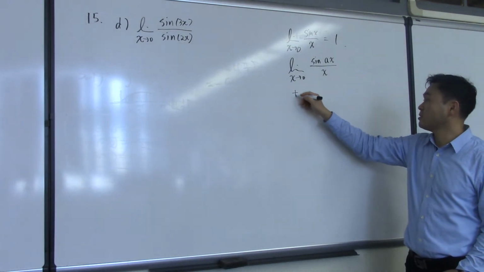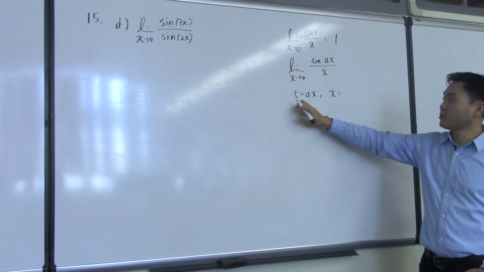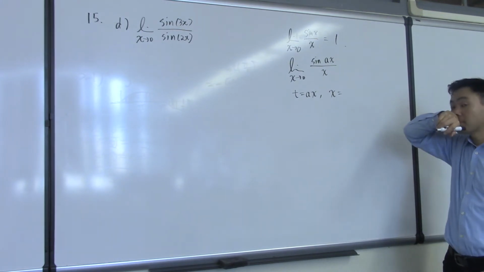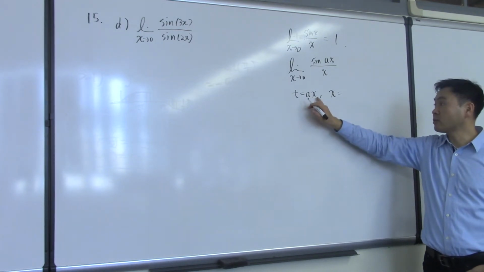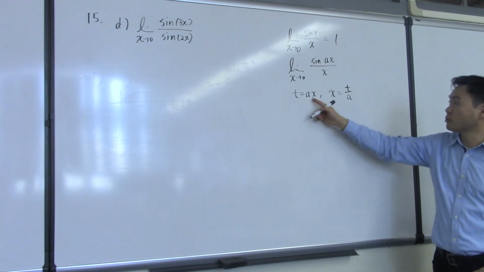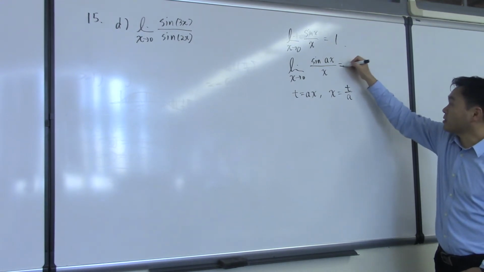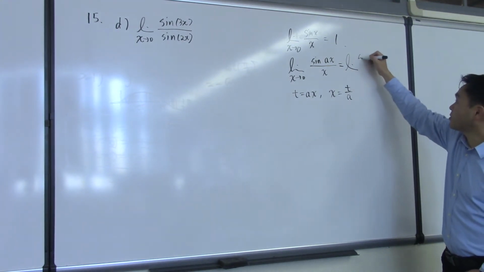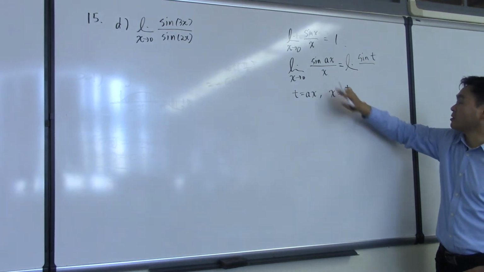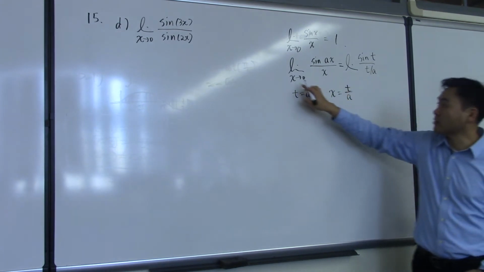You can say t is equal to ax, so that x is equal to what? If t is ax, can you solve this for x? Yeah, so x is t over a. And therefore, you can rewrite this as sine of t, since ax is replaced by t, and x is replaced by t over a.